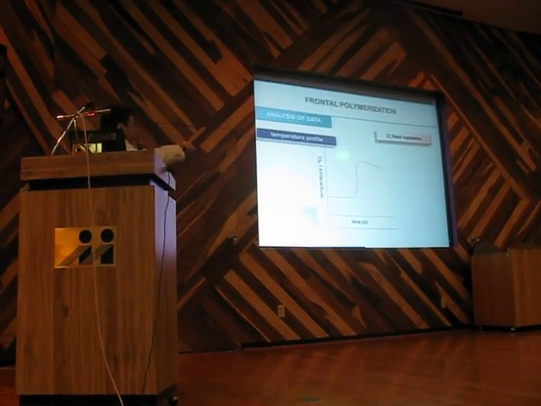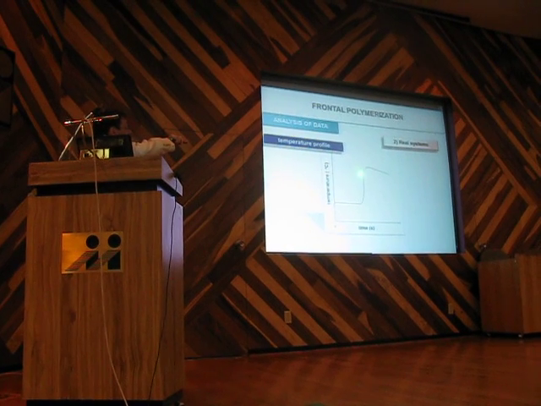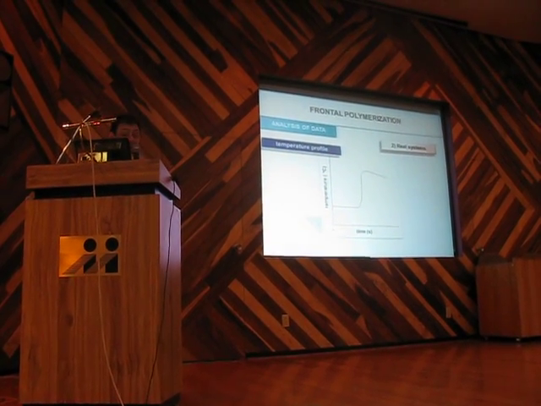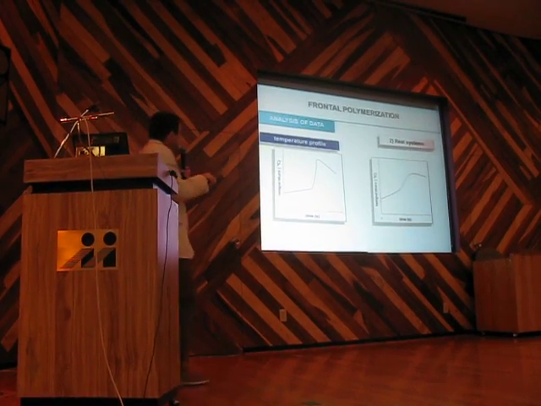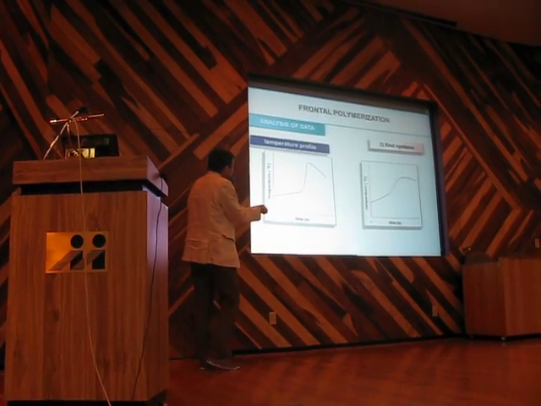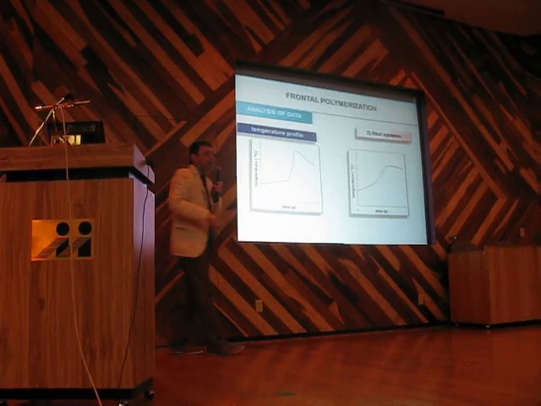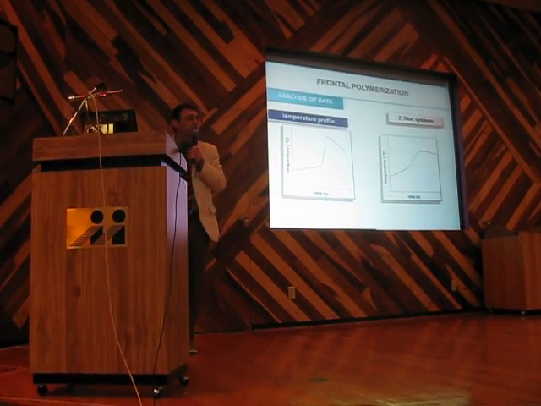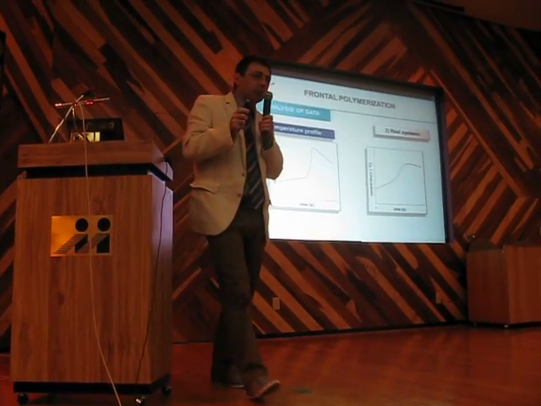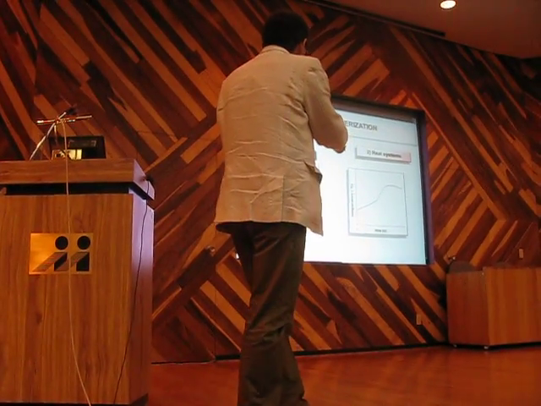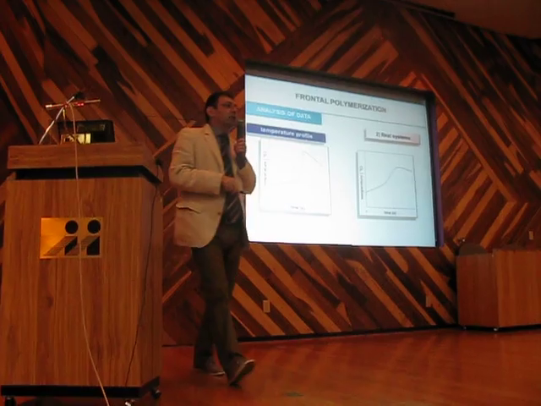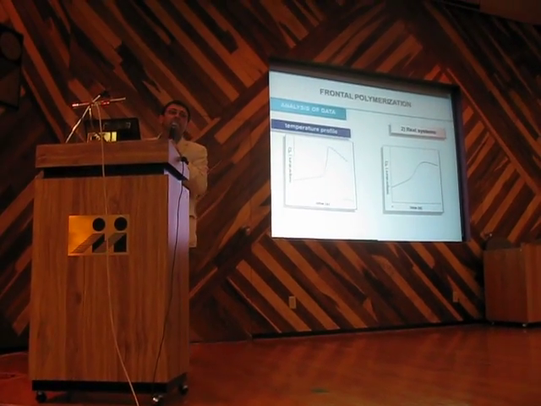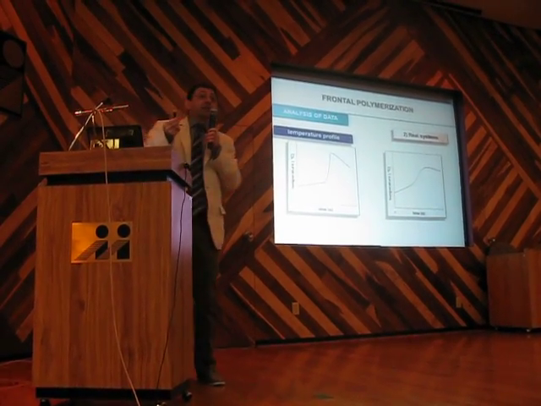I can call this system frontal polymerization pure, but if I observe an increase of temperature like this, I cannot call my frontal polymerization pure, because this temperature increase before the front reaches the thermocouple junction means that something else is happening.